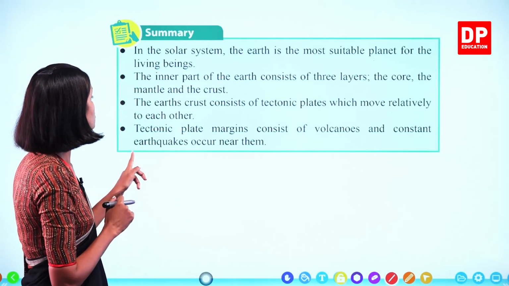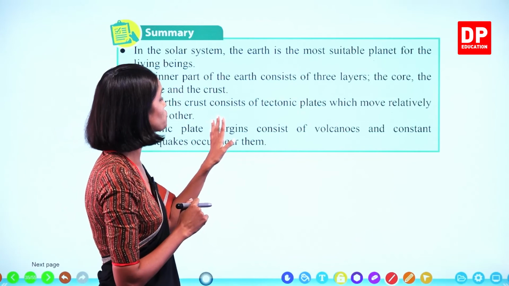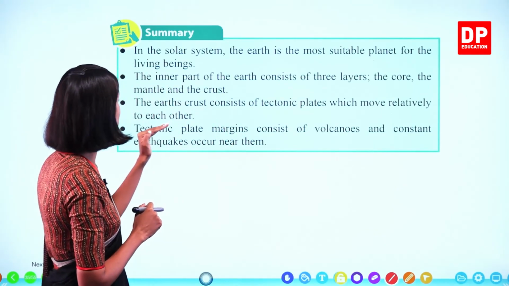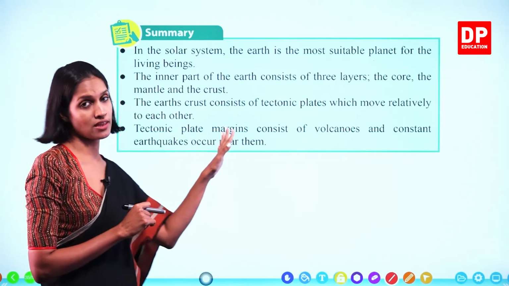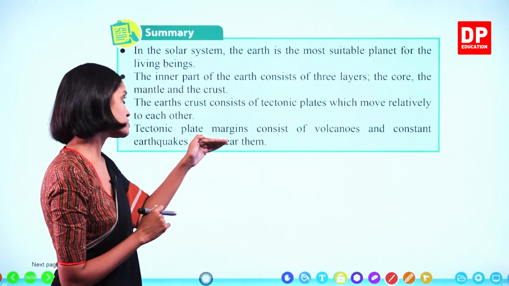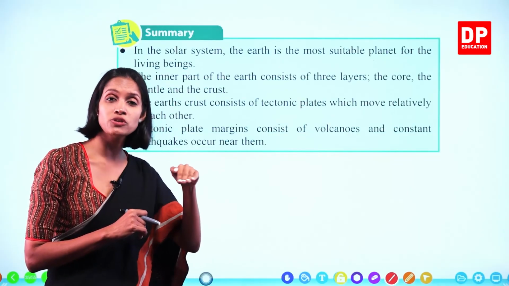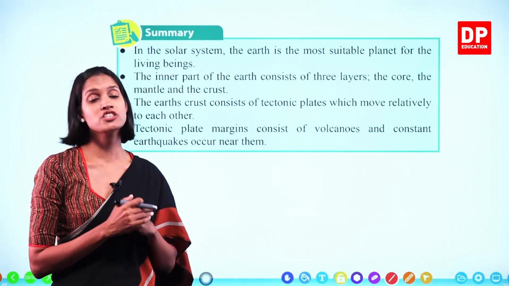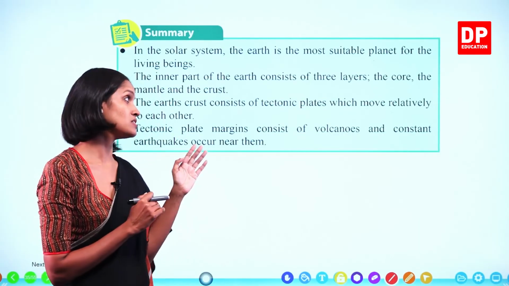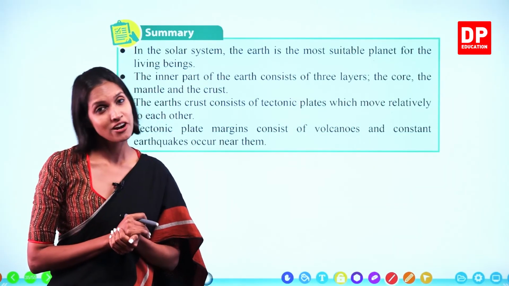Okay? Tectonic plate margins consist of volcanoes and constant earthquakes occur near them. Right, children? So especially the countries living near the margins or the boundaries of the tectonic plates always experience these types of earthquakes. Right, children?